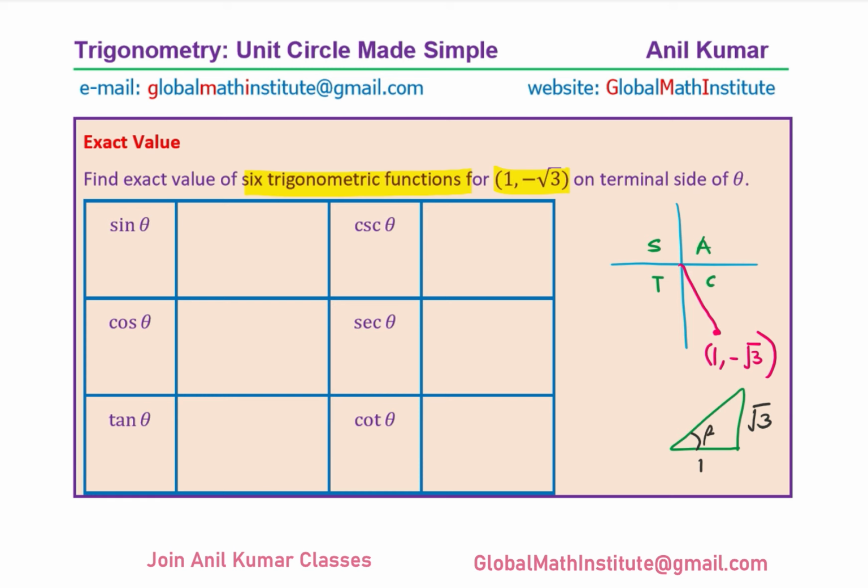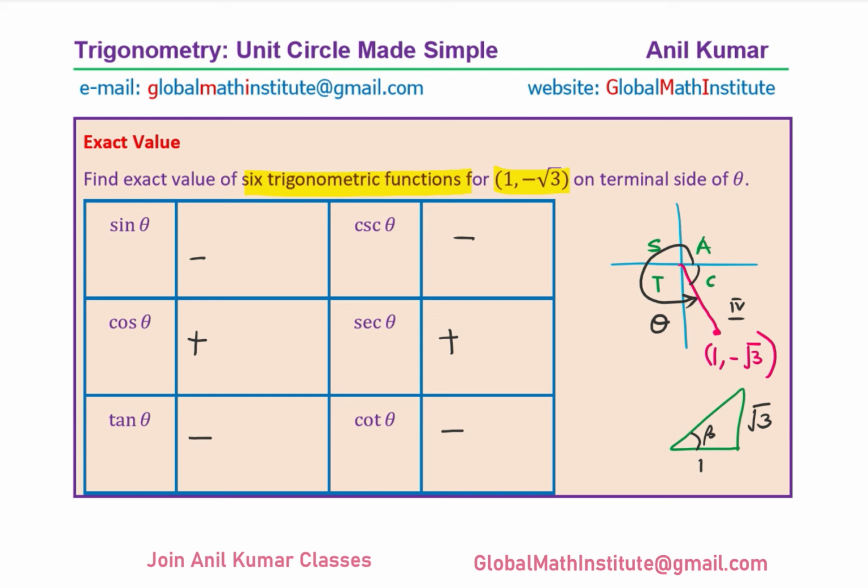We'll call this angle beta, right? But theta is the principal angle. That's the angle theta for which we need to write down these ratios. So you are in quadrant 4 and therefore only cos values are positive, other two are negative. Is that clear to you? Secant will also be positive since it is the reciprocal of cosine. Makes sense. Let's write down the values now.